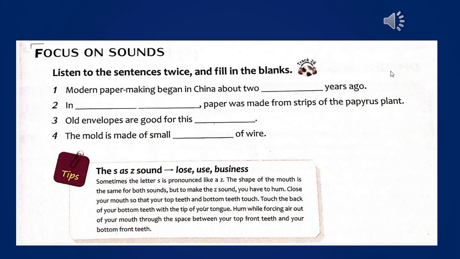Okay, the shape of the mouth is the same for both sounds, but to make the Z sound, you have to close your mouth so that your top teeth and bottom teeth touch, with the tip of your tongue at the back of your bottom teeth, while forcing air out of your mouth through the space between your top front teeth and your bottom front teeth.